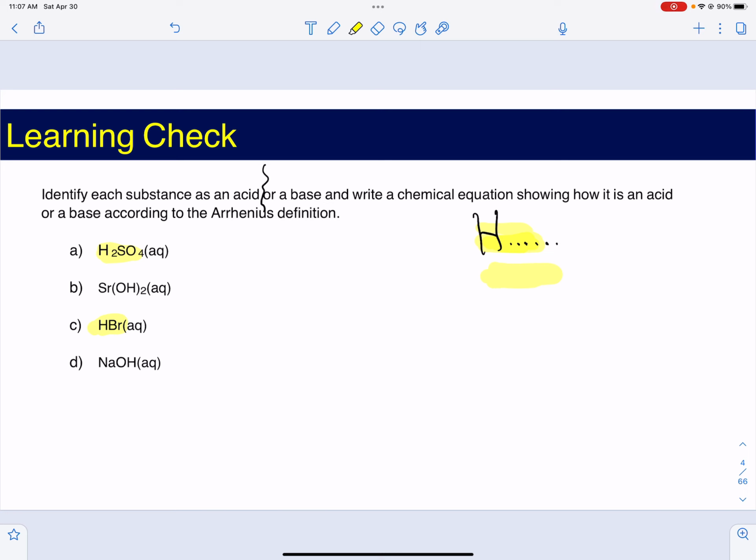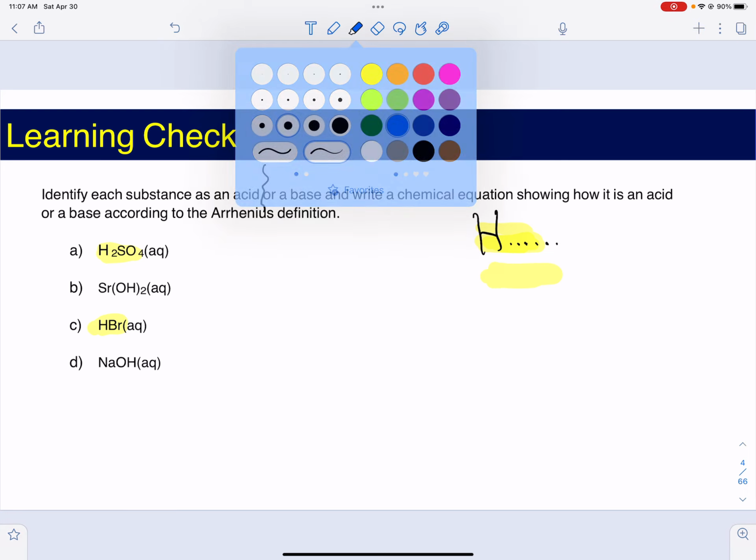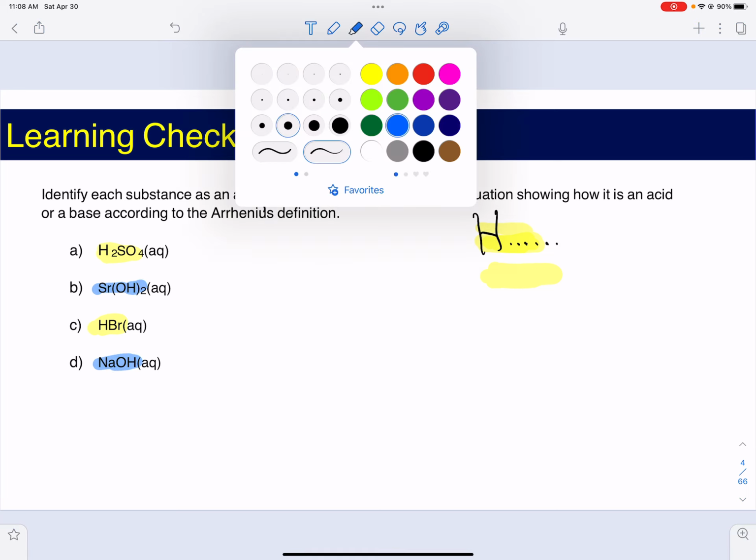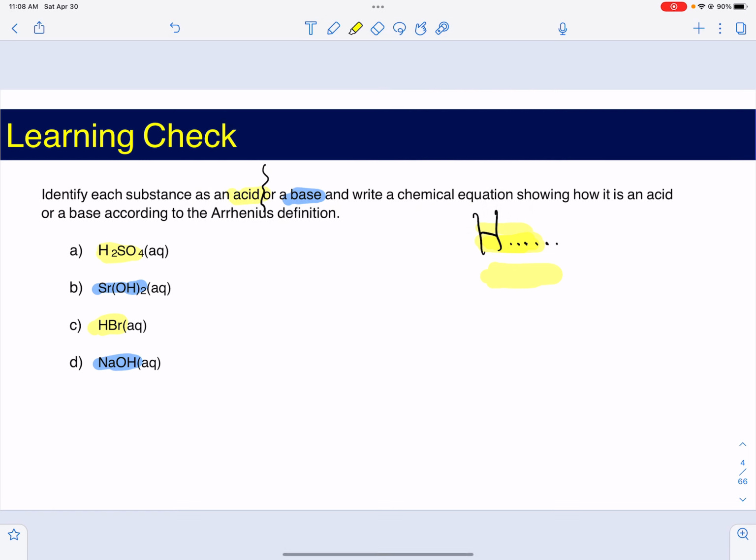If it's not an acid, then most likely it's going to be a base. So that would be a base, and that would be a base. So we got those two done already, just because of this fact. Most of the acid formulas are going to begin with an H.